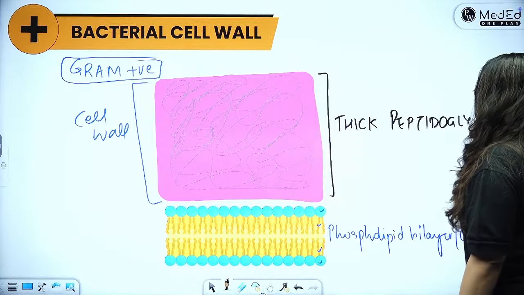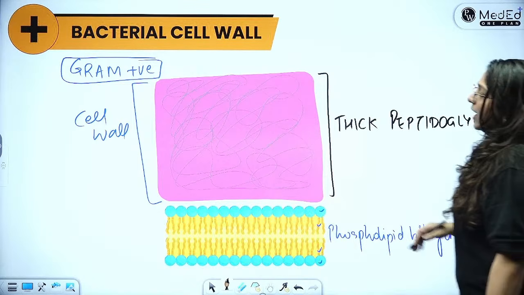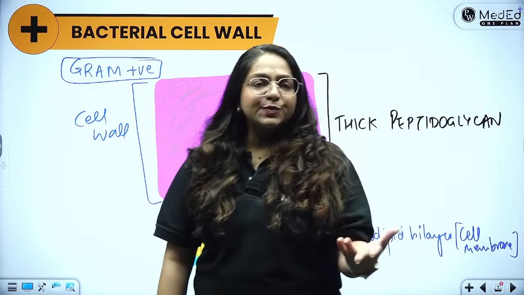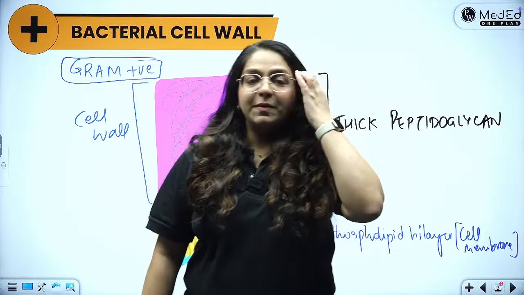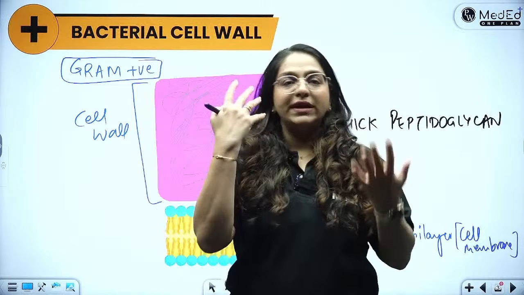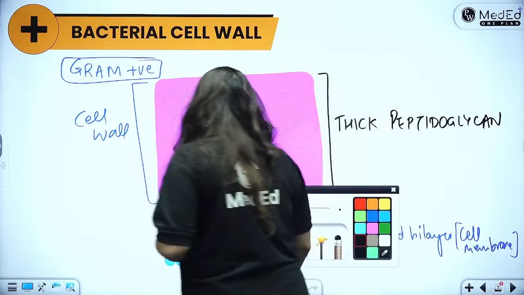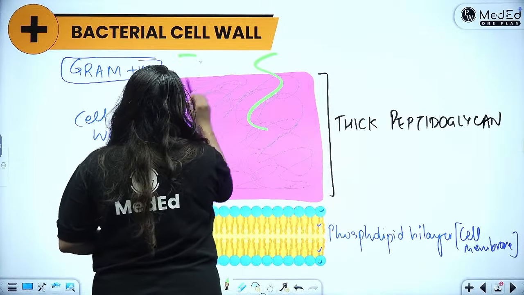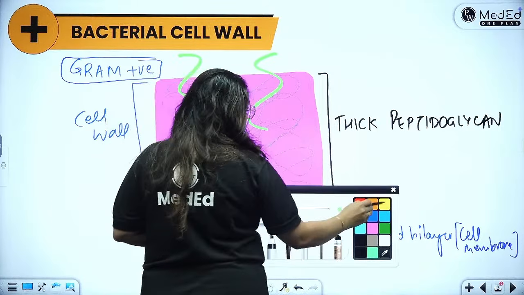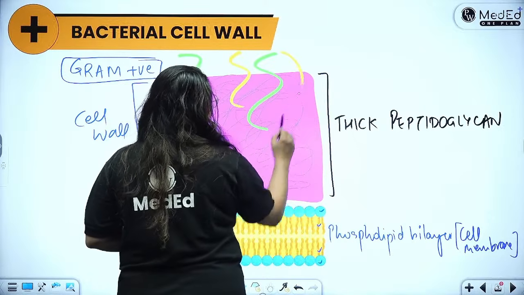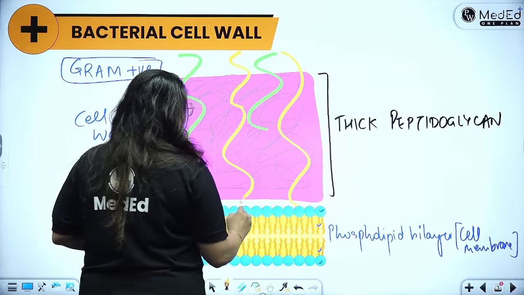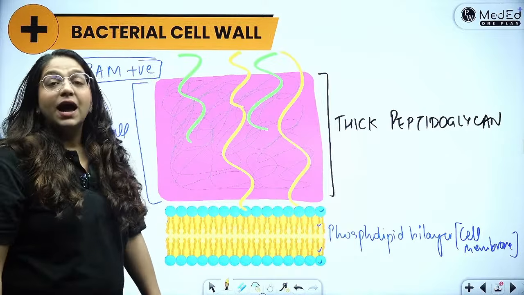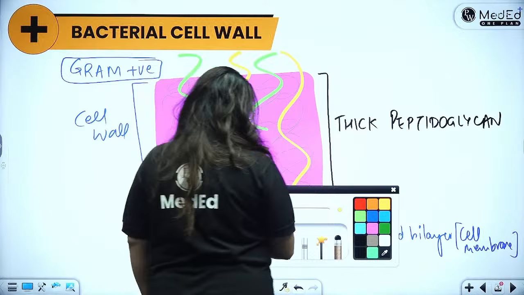On top of the peptidoglycan layer there are some things which help the bacteria in attachment to the host surfaces. If the bacteria has to attach to the throat, or any part of the body, what is it going to use? It is going to use certain molecules called lipoteichoic acid and teichoic acid. What do these do? A, they help to connect the cell wall with the cell membrane, and B, they help the bacteria in adhesion to the surfaces inside the human host.